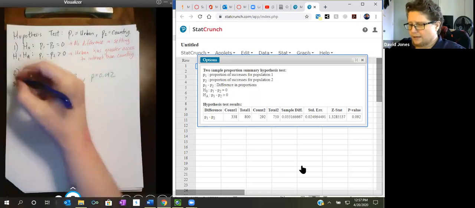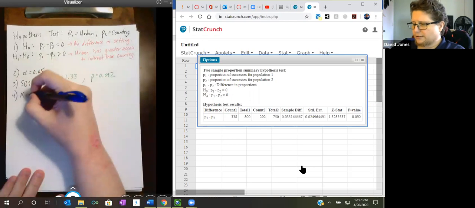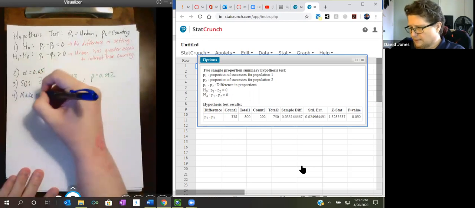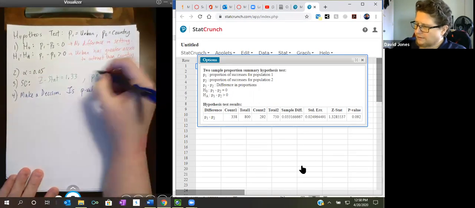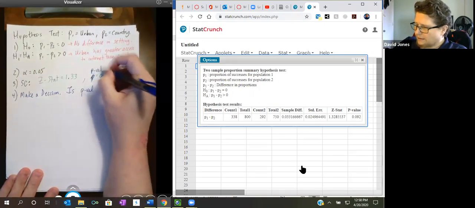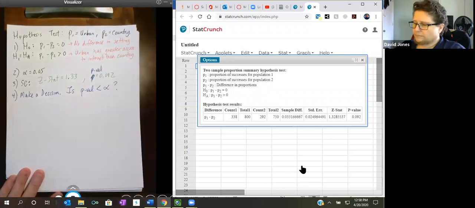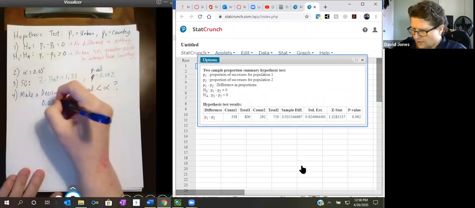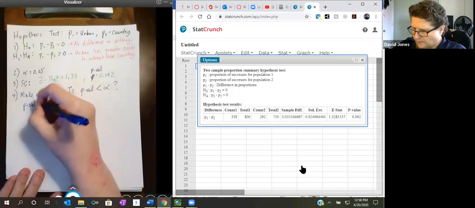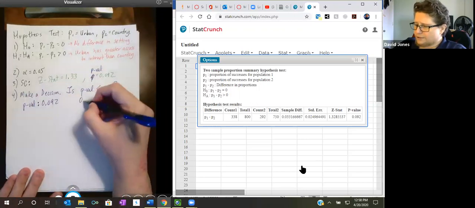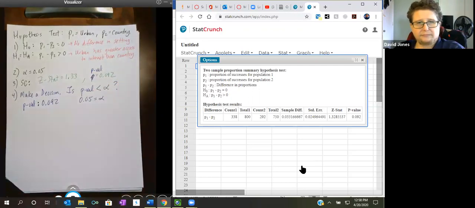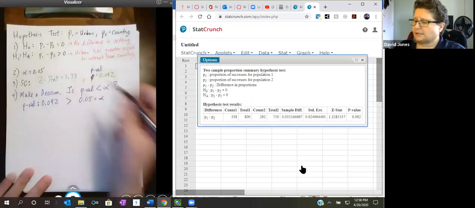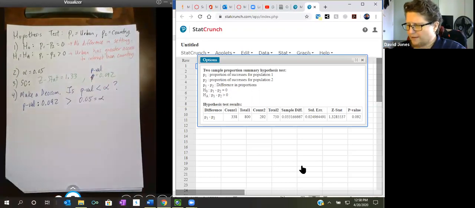Okay. Step 4, make a decision. Is the p-value less than alpha? So that's my p-value. Alpha was 0.05. Which one's bigger? P-value is. So if the p-val is too low, the null must go.